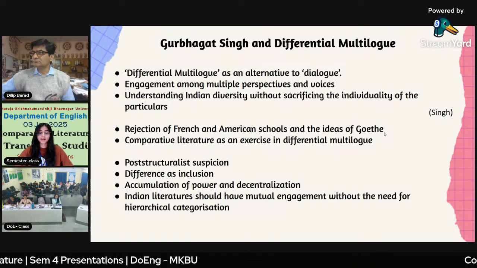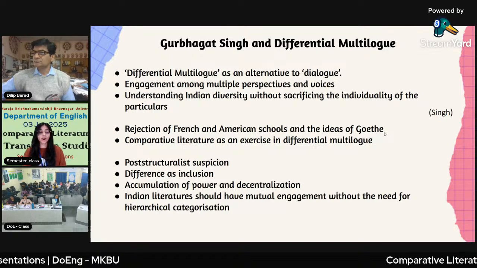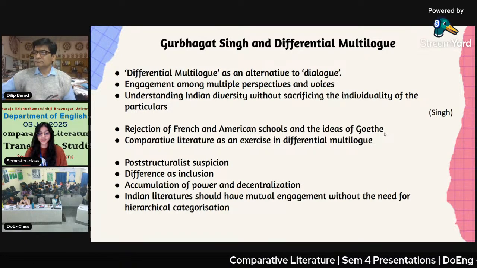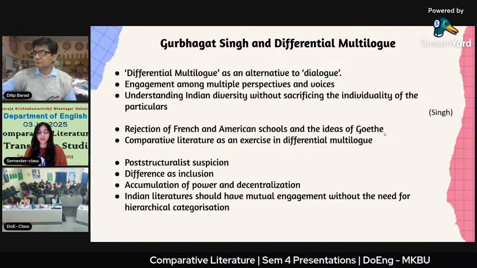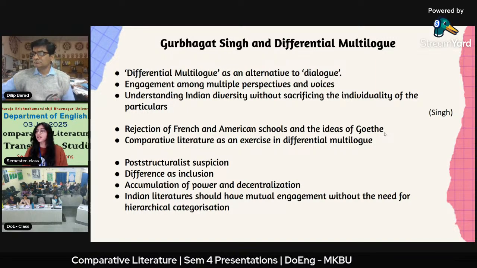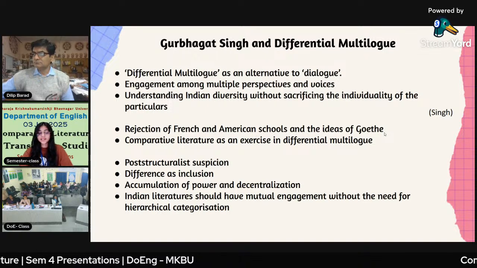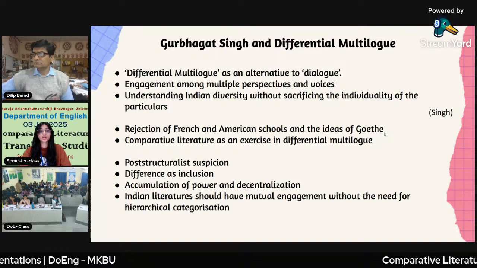This means that when there is the idea of unifying the languages, capturing all the literatures under the term Indian literature, there is the problem that it is controlled by the center or the powerful people.